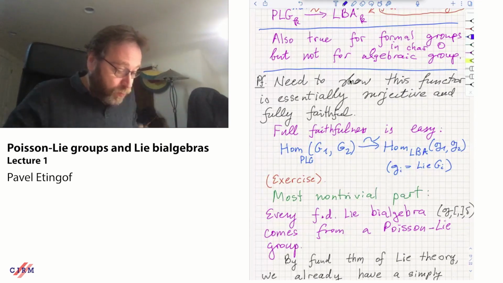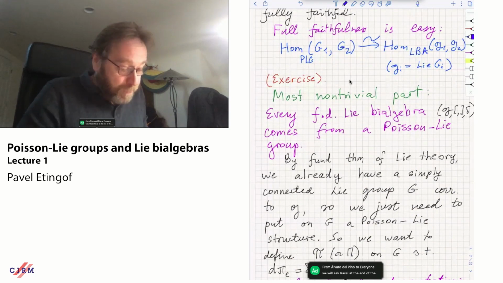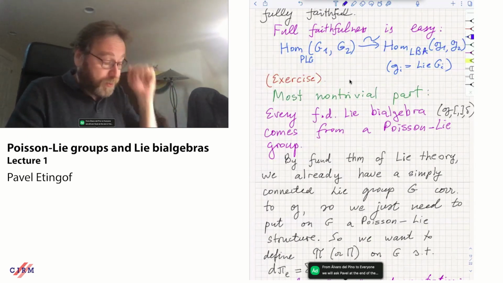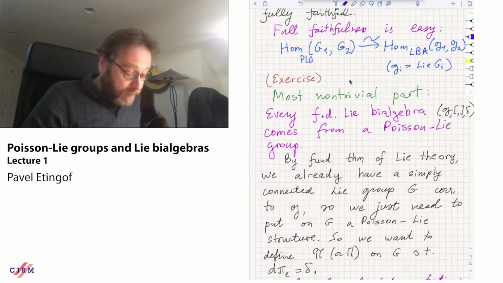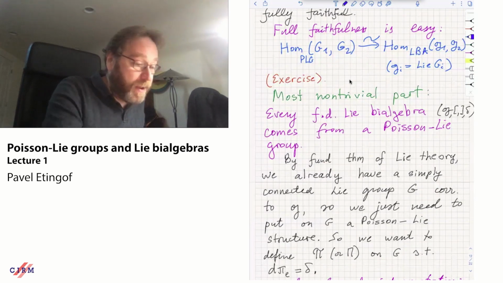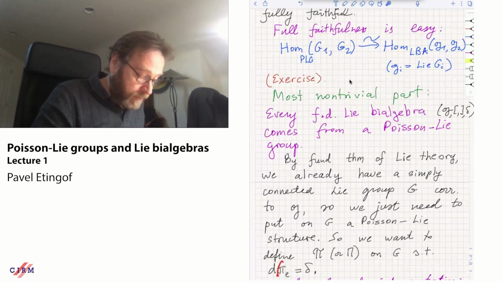So all we have to do is to show that if you have a Lie bialgebra structure on this Lie algebra, then we can actually construct a Poisson-Lie structure on the corresponding Lie group, whose underlying Lie bialgebra structure, differential of pi, is going to be the original cobracket delta.